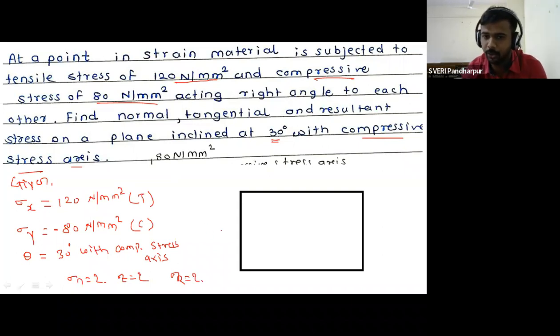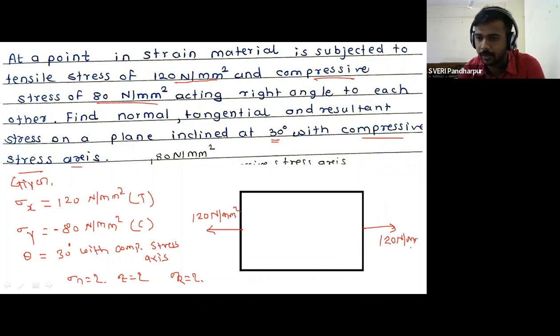So draw the figure also. On the figure you have to represent all the stress values. So first is the sigma x, it is positive, so 120 Newton per mm square. This is also 120 Newton per mm square.